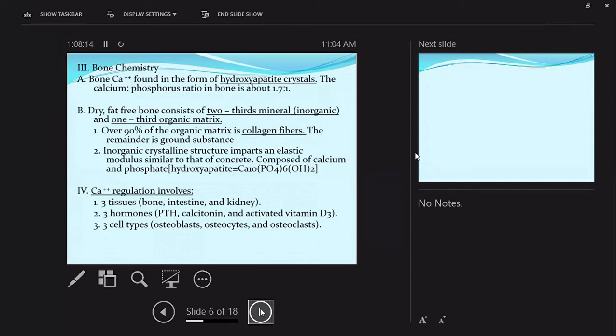This is composed of extracellular fluid plus your proteoglycans, your chondroitin sulfate, and your hyaluronic acid. Your proteoglycans in the ground substance help control the deposition of calcium salts and help in bone repair after an injury.